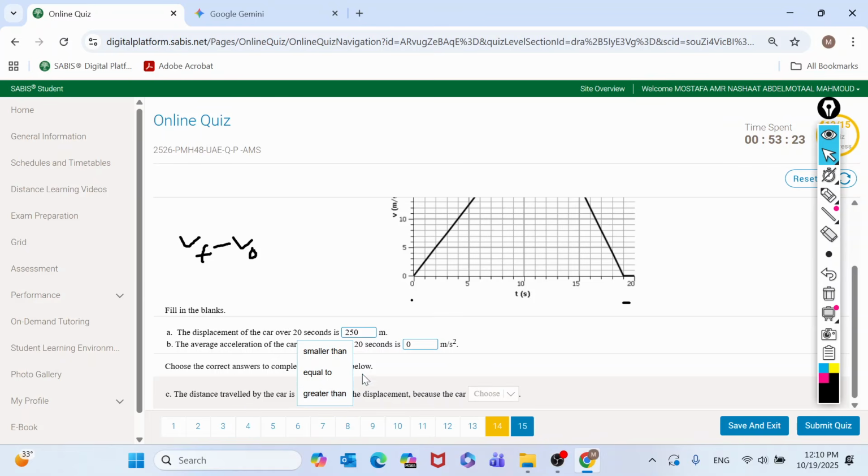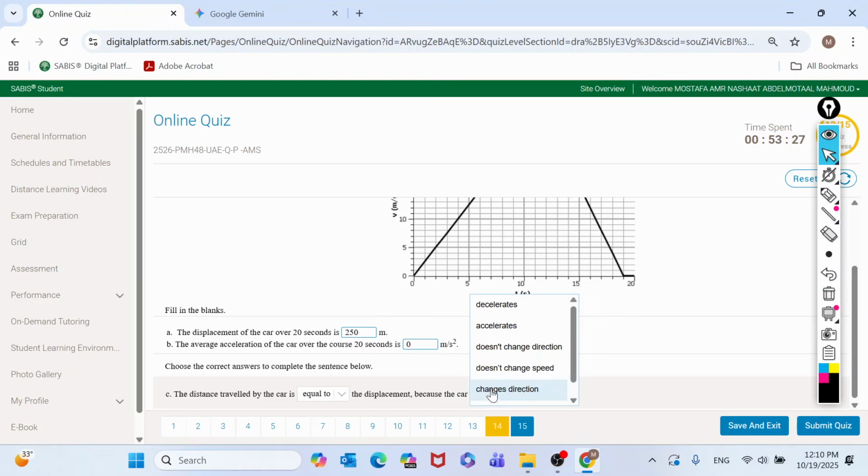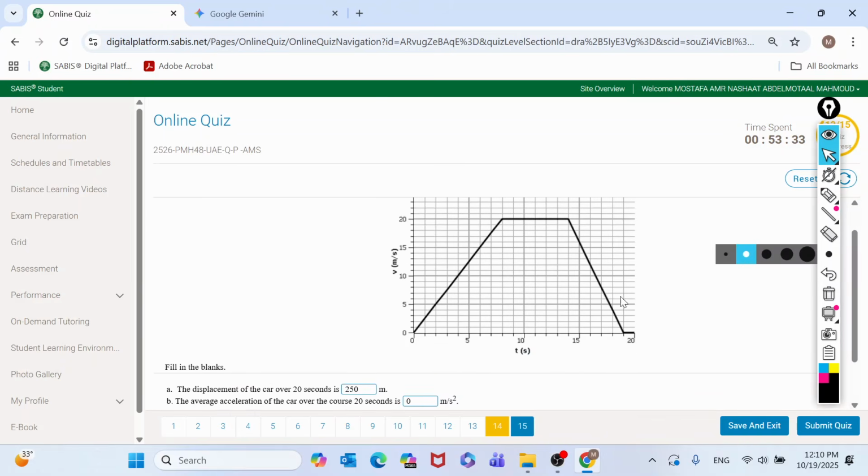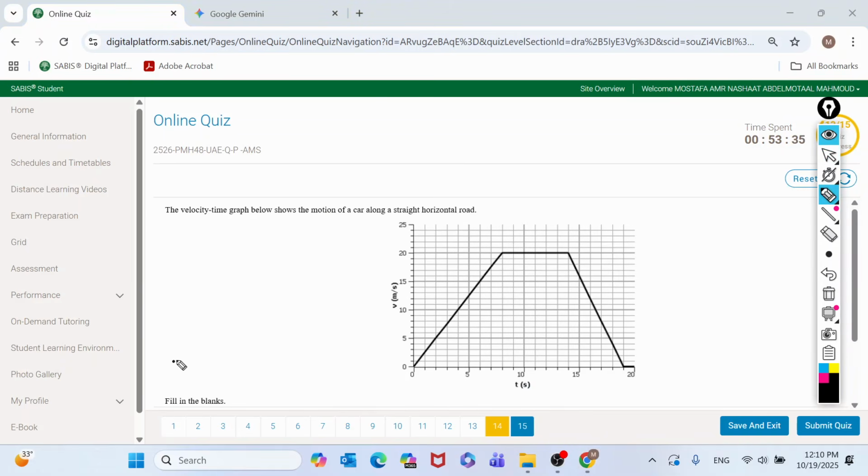The distance traveled by the car is equal to the displacement, because the car doesn't change direction. Look, it's accelerating in the positive direction, moves faster and faster, then moves at a constant speed.